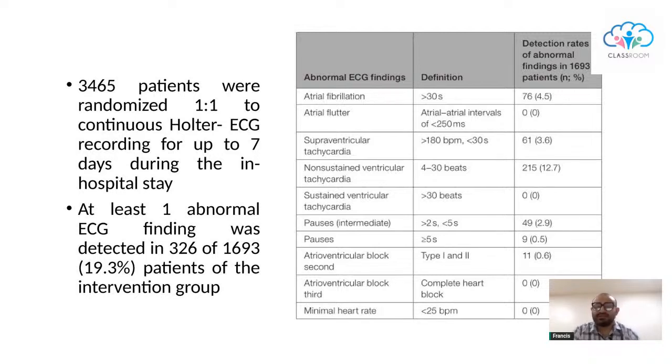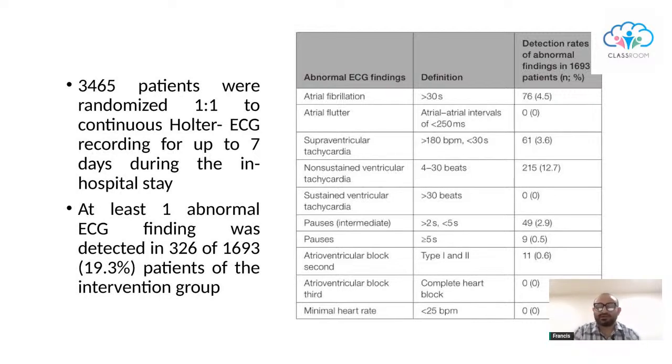The common ECG changes ranged from non-sustained ventricular tachycardias to atrial fibrillation, supraventricular tachycardias, and even pauses. Pauses of more than 5 seconds, where there is absolutely no electrical activity, necessitate pacemaker implantation. AV blocks were less frequently seen in the studied population.